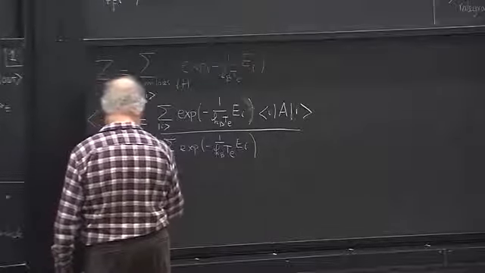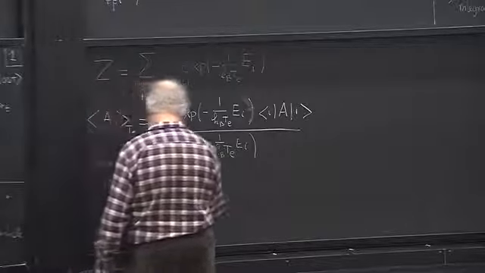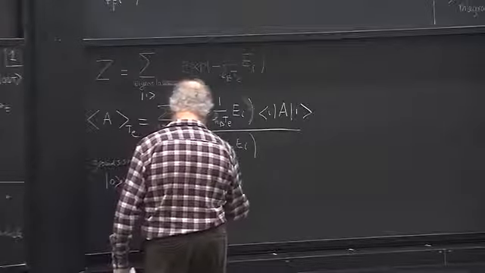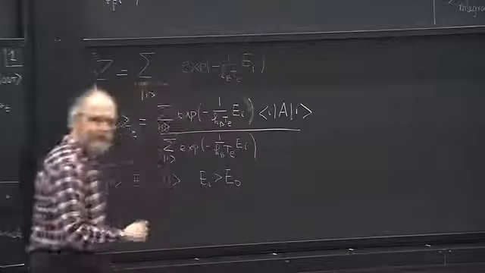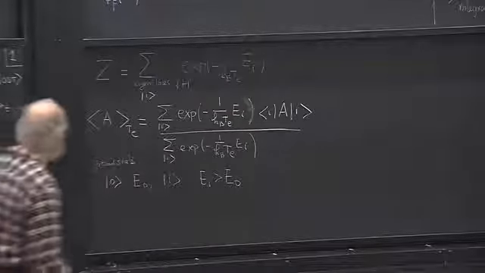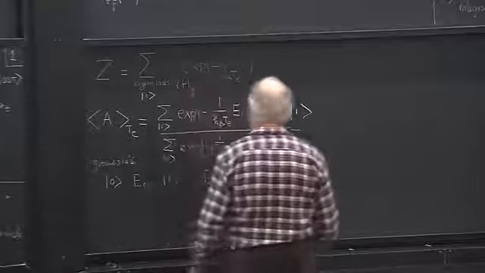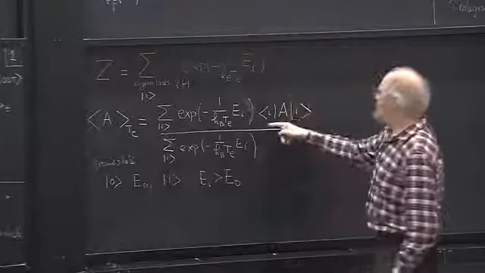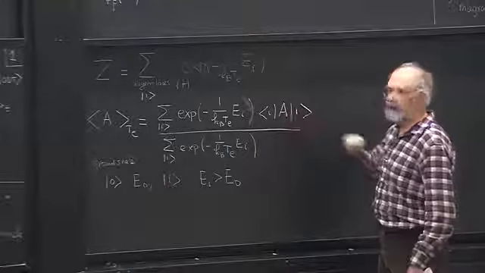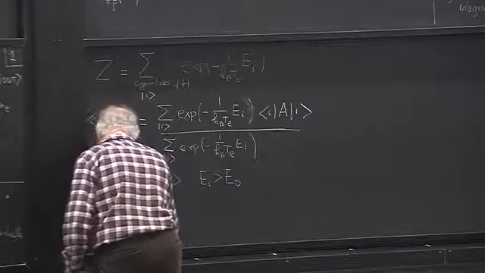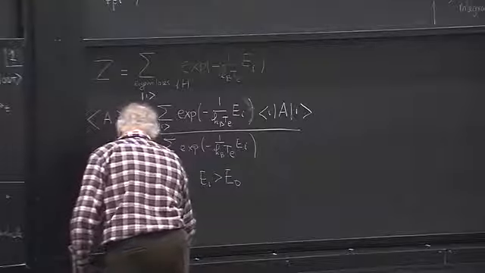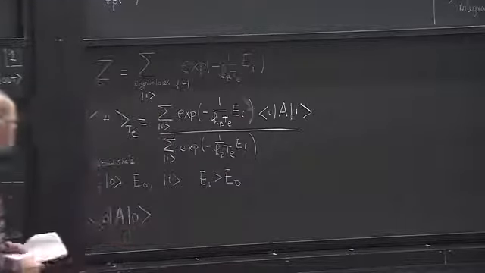And of course, in any system, you have the ground state 0, which has an energy E0, and then you have excited states with E_i, which are larger than E0. And therefore, in order to get the vacuum, the ground state matrix element of A, you are interested in 0, A, 0. That's very general, that's very simple.